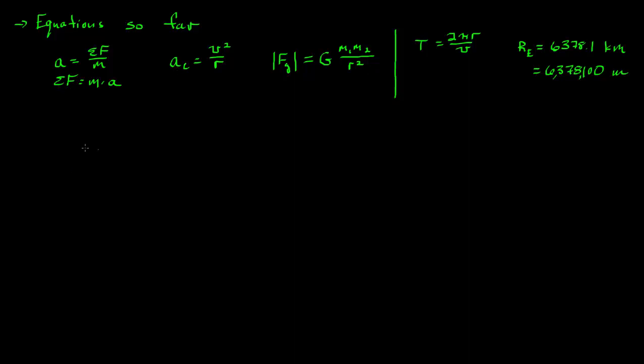Here's the Earth, and say we had some satellite moving in a circular orbit. This is constant. It's uniform circular motion. And so we know that there's a centripetal acceleration, so we have to have a centripetal force here. Keep in mind, the centripetal force is a net force.